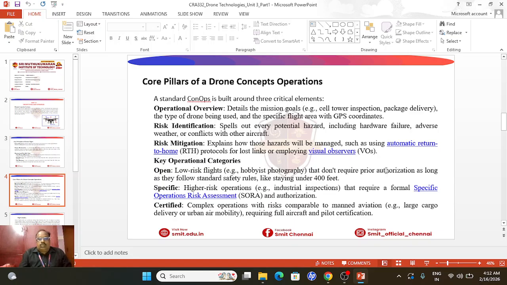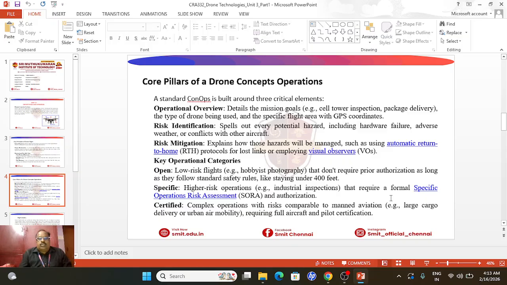The key operational categories are open, specific, and certified. Open covers low-risk flights, for example hobbyist photography, that don't require prior authorization as long as they follow standard safety rules, like staying under 400 feet.